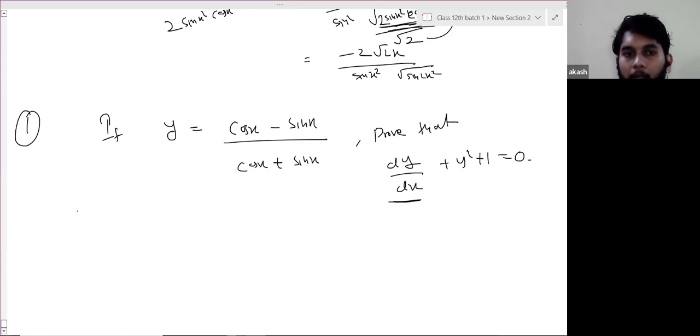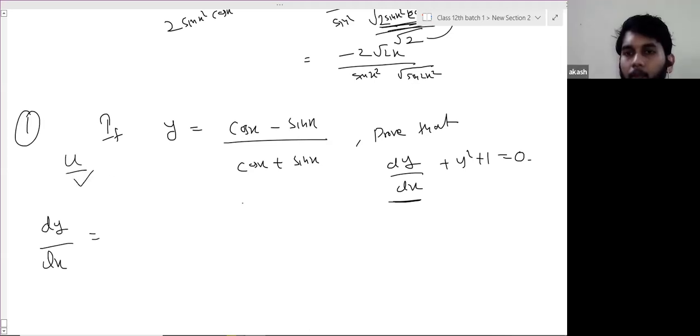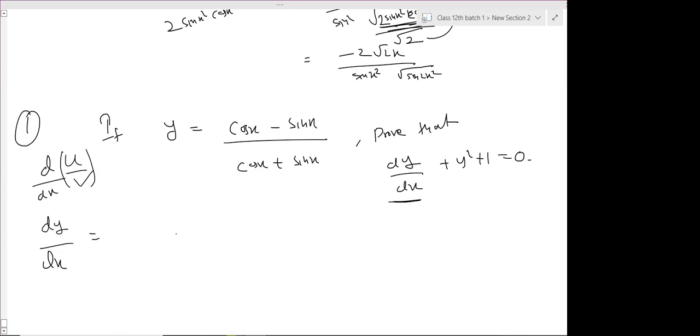Okay. So how we can find dy by dx? Krishna, just apply this u by v form. What is the formula? Differentiation of a function upon function. Krishna, what is the formula for this? Differentiation of u by v. v dash u minus u dash v by v square.